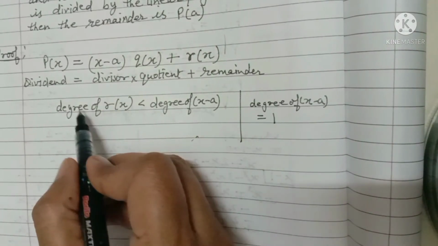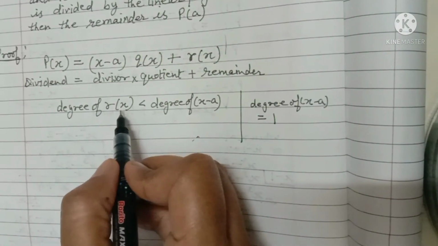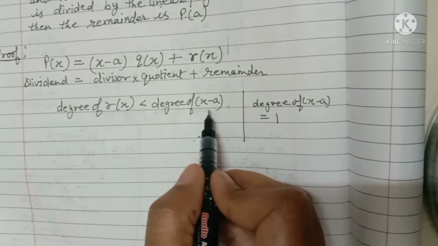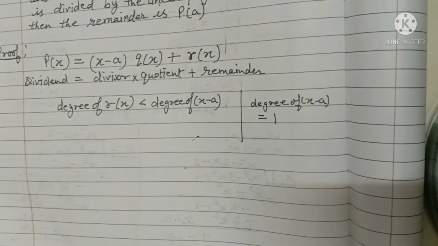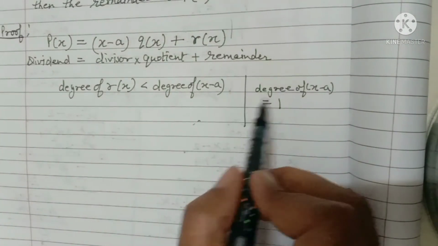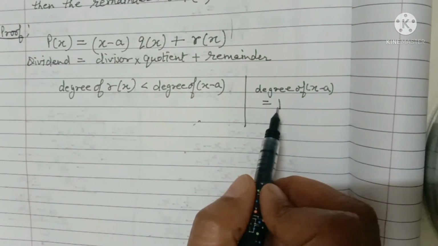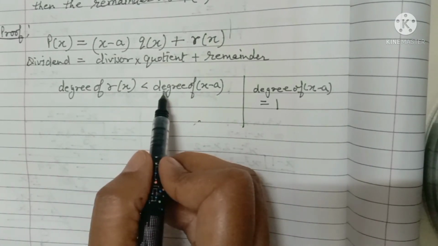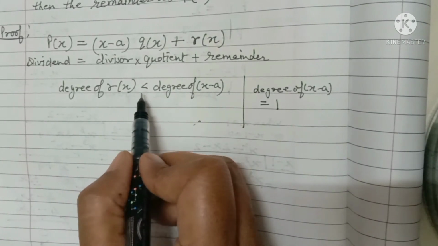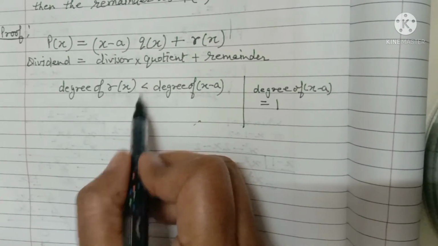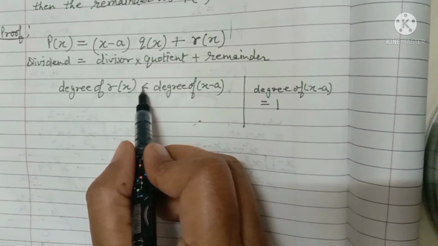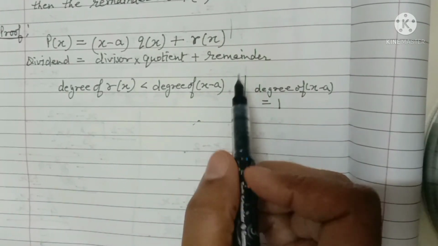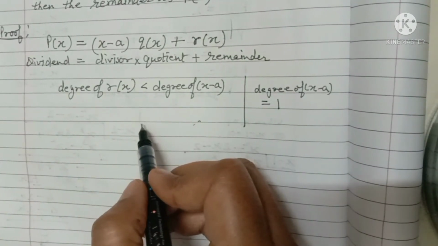And the degree of the remainder is less than the degree of this divisor. Degree of x minus a is 1 and the degree of the remainder is less than 1. And you know the degree of a polynomial is only a whole number, so which is less than 1 means 0.